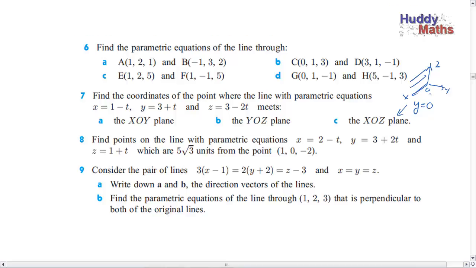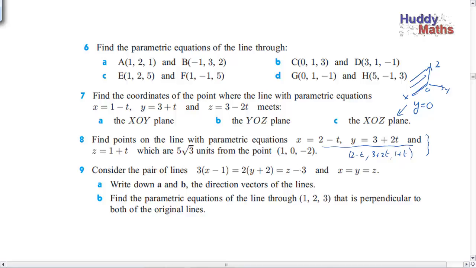Now find points on the line with these parametric equations which are 5 root 3 units from the point 1, 0, neg 2. To do that, you'll consider the point on the line as 2 take t, 3 plus 2t, and 1 plus t.